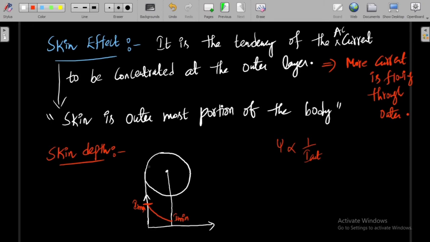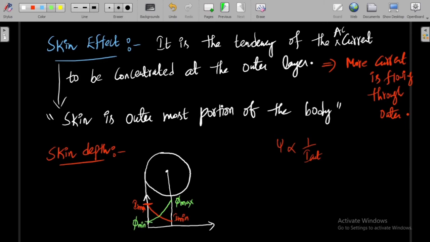We will have the maximum current flowing through the outer layers and minimum current flowing through the inner layers. Now what about the flux linkage variation? It is just opposite to the current's variation, like this. This is the flux linkage variation. So this is phi max and this is phi minimum.